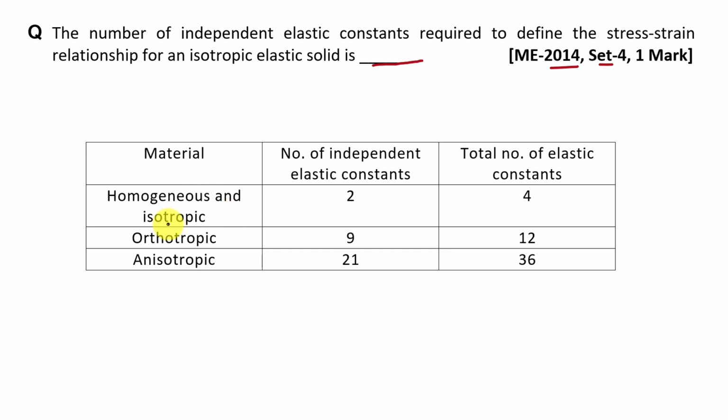For homogeneous and isotropic material, the number of independent elastic constants is 2. So here our answer will be 2. And we know that the total number of elastic constants is 4, that are E, G, K and mu. Out of these 4 elastic constants, 2 are independent. Fine.